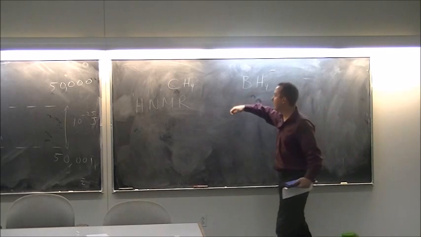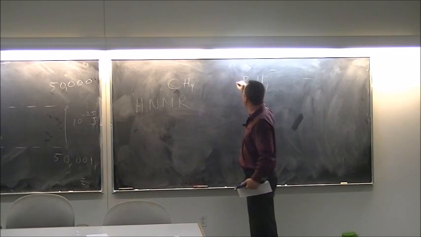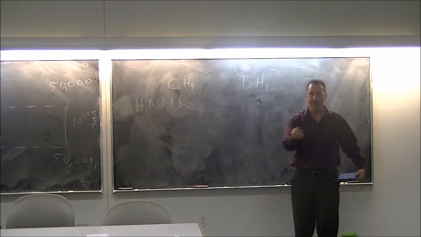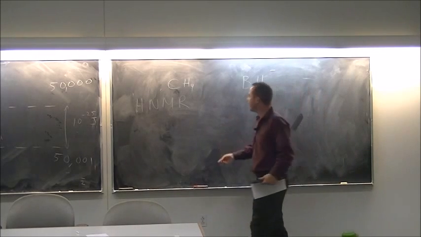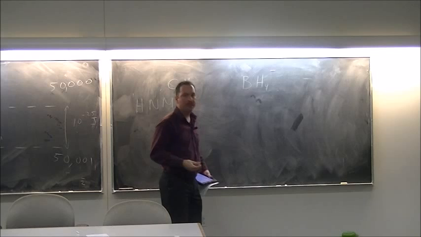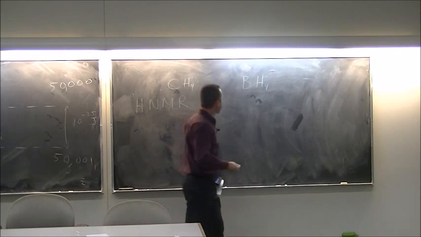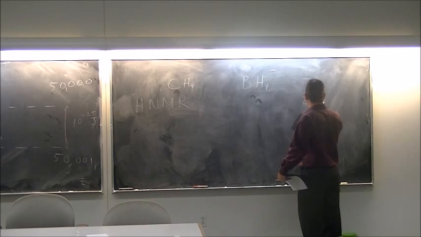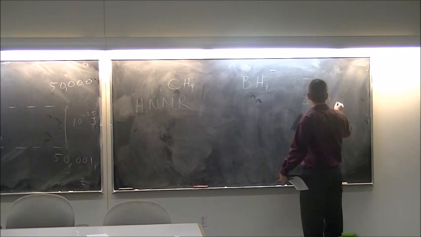Boron 11 has spin 3/2, right? And now it's all the sigma mi, which is the splitting. The splitting of any atom is going to be equal to 2In plus 1.